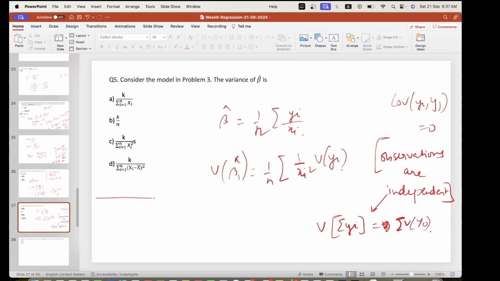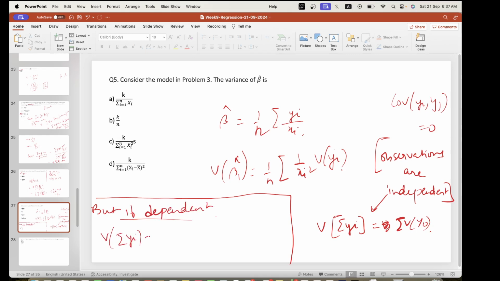But if dependent, then we have to write variance of summation yi equal to summation of variance yi plus double summation i not equal to j covariance of yi yj.